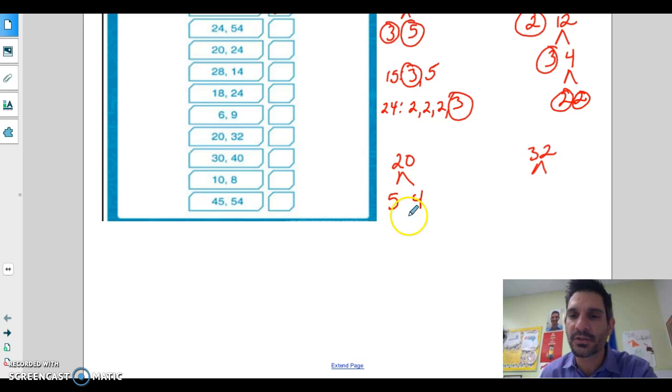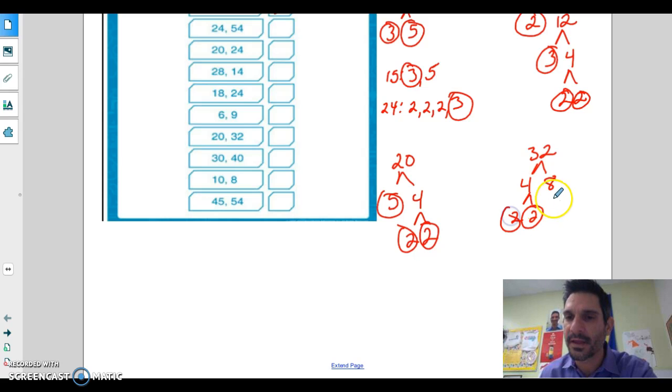Whatever factors you choose here, it's all going to come out the same. So that's 2 and 2. So prime, prime, prime. And then 32, I could do 4 and 8. 4 is 2 and 2. And then 8 is 2 and 4, and then 2 more.